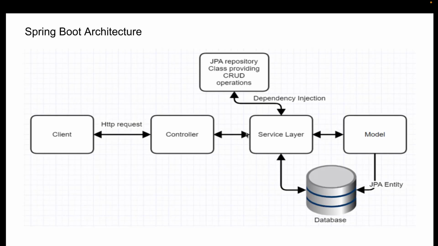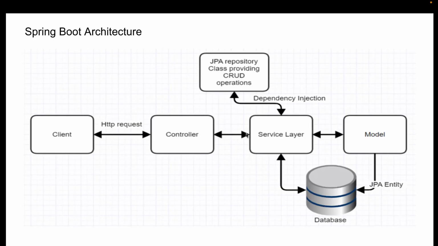And once the repository layer gets that particular data, it creates that data in the form of a model, and it passes that particular response to the service layer, and then the service layer further passes that information to the controller layer, and the controller layer passes that information to the client from where that particular request was raised.